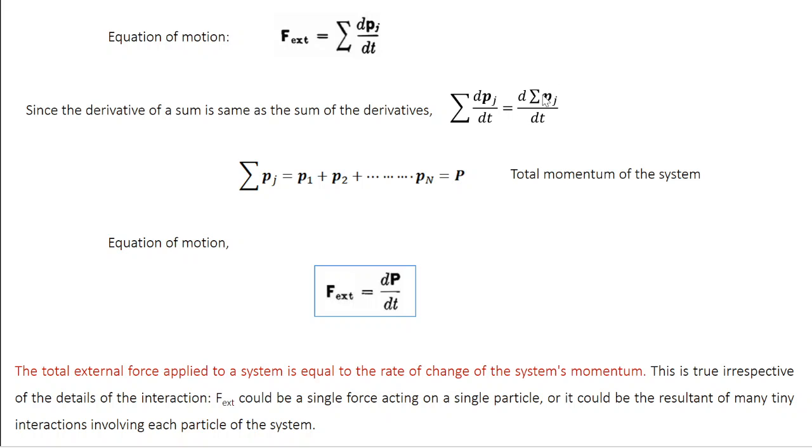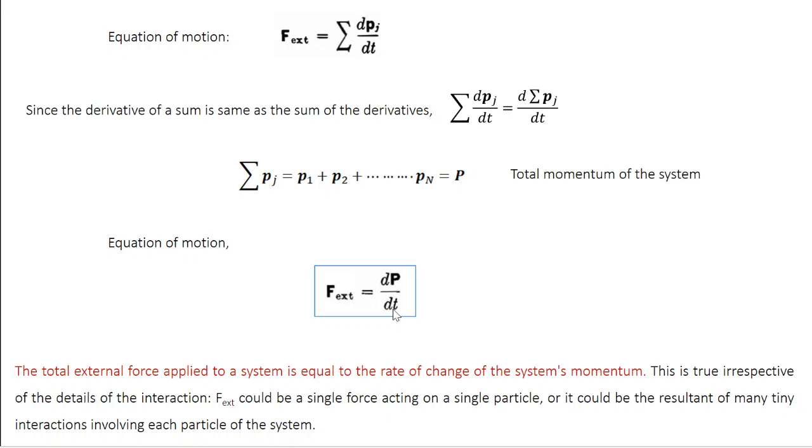Now what is the meaning of summation over pj? This is nothing but p1 plus p2 plus all the way to pn, where p1, p2, pn are the individual momenta. So we are taking the sum of all the individual momenta. This will give you the total momentum of the system. You can call it capital P. So with this, our equation of motion becomes F external equal to dP by dt.